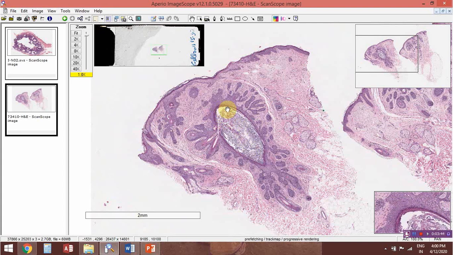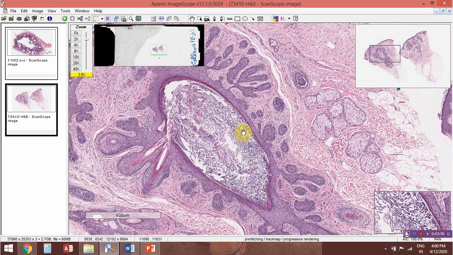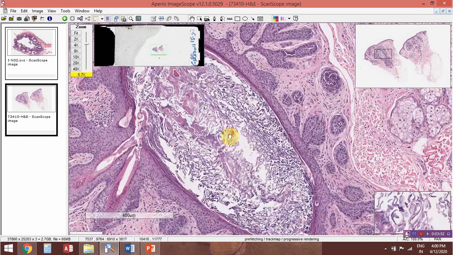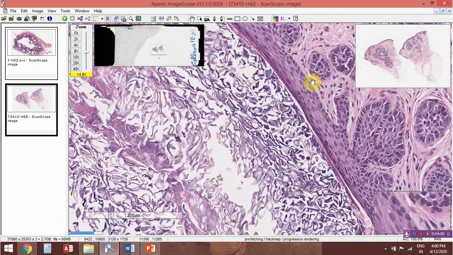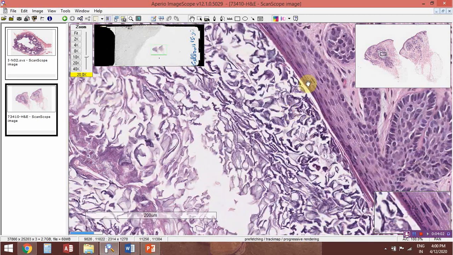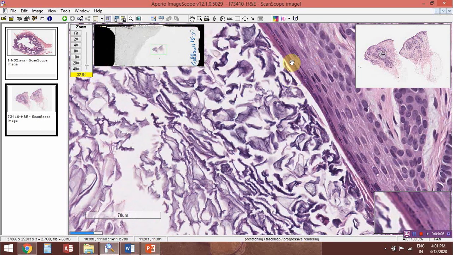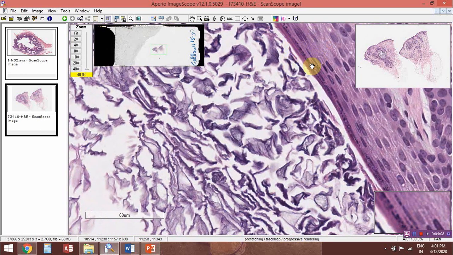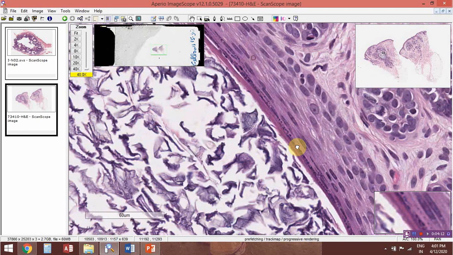You can see there is a large cyst-like space present, and when we go to a little higher power view, you can see this entire cystic cavity is filled with keratin material, and it is lined by stratified squamous epithelium. Here you can see the stratified squamous epithelium, as well as some keratohyalin granules.